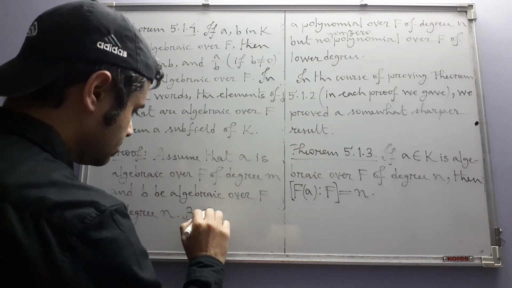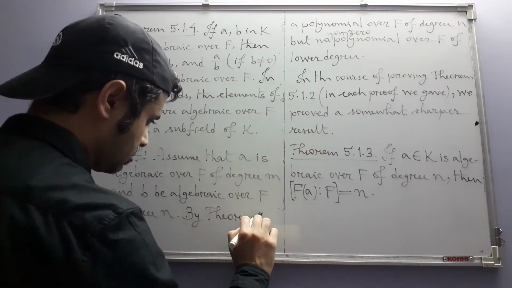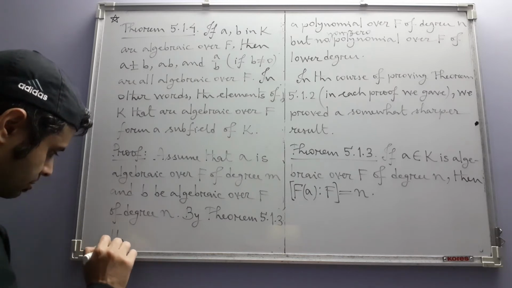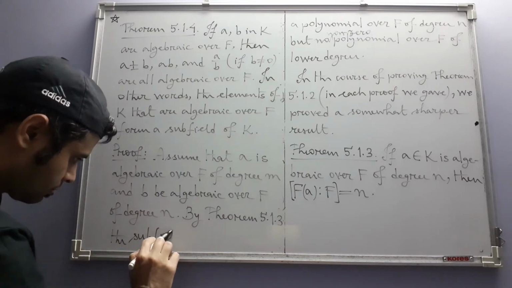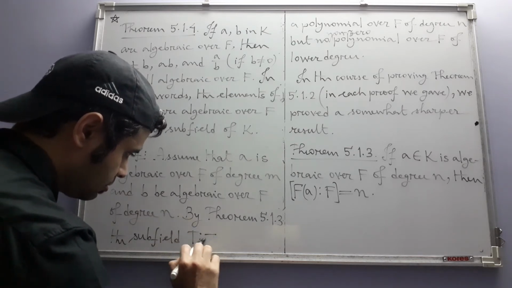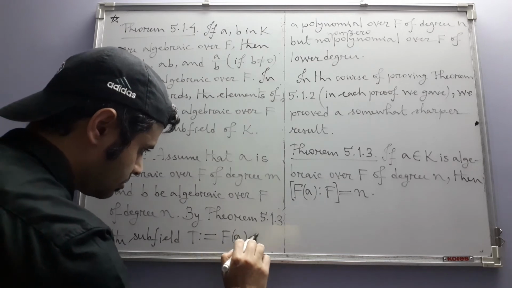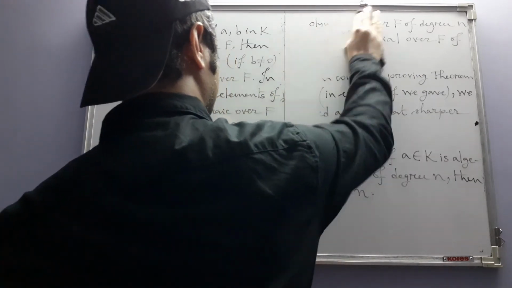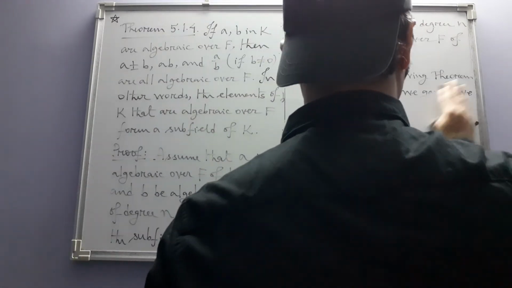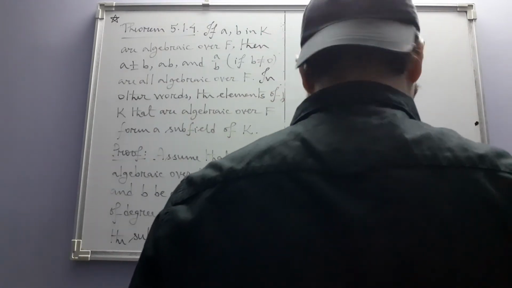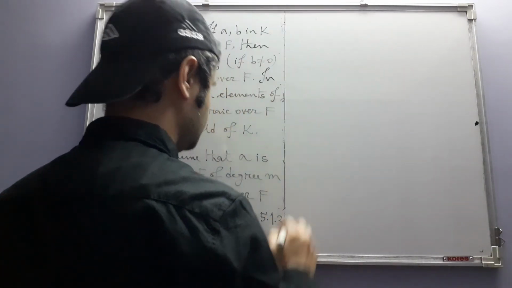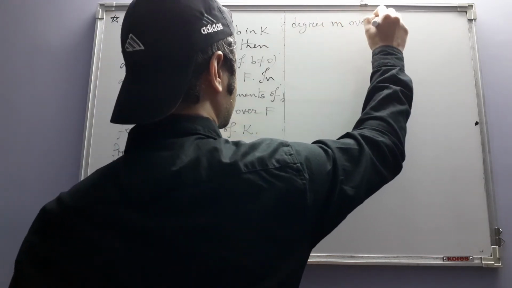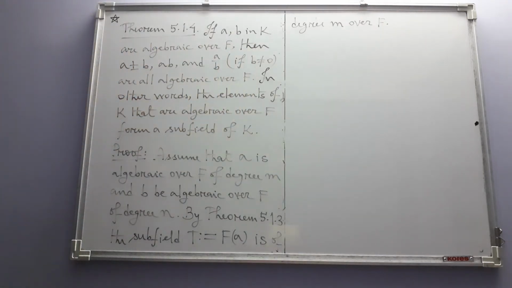Then by this theorem, the subfield T, which is nothing but F(a), is of degree m over F, because that's what it will be.